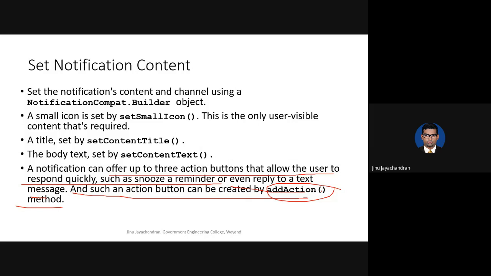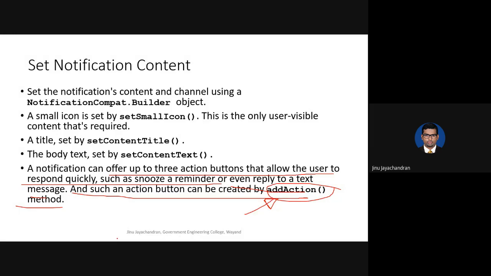The other way, in the most recent Android versions, is that you can swipe the notification and it will tell you what you can do. For example, if it's a WhatsApp message, you can reply to that notification. That is done using the addAction method.